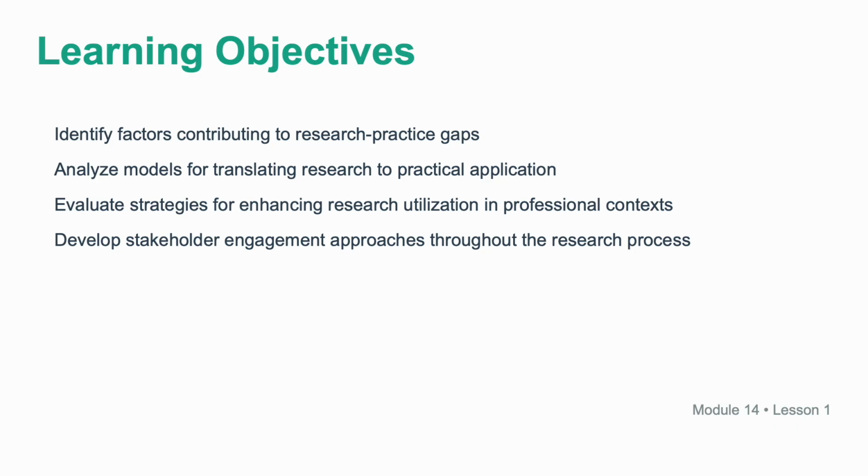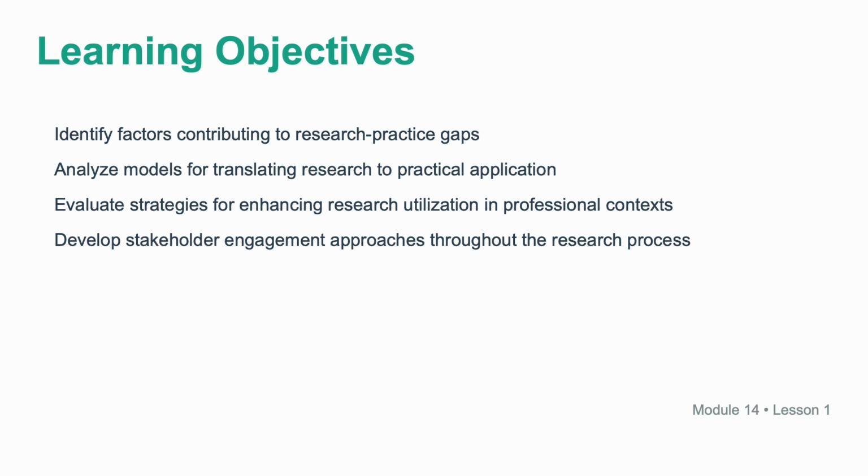Let's begin with our learning objectives for today's session. By the end of this lesson, you will be able to, first, identify the factors that contribute to research practice gaps, understanding why excellent research often fails to reach those who need it most.